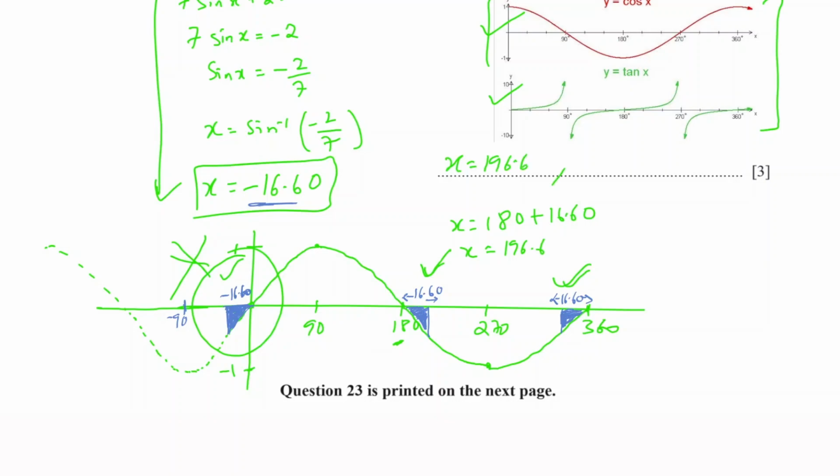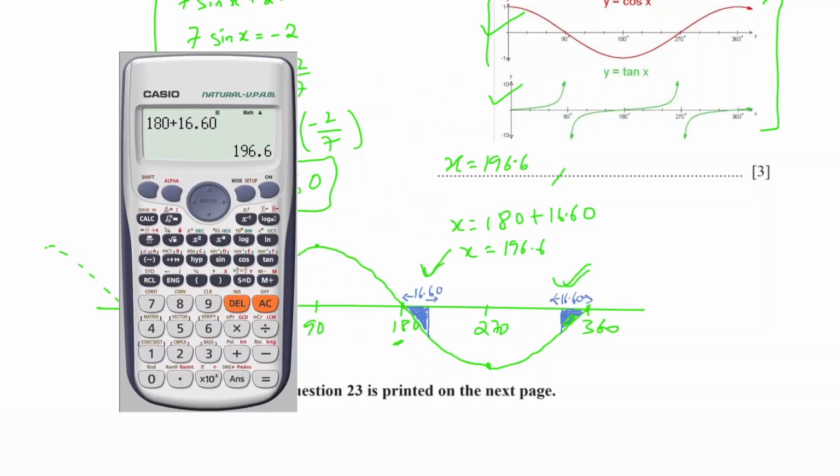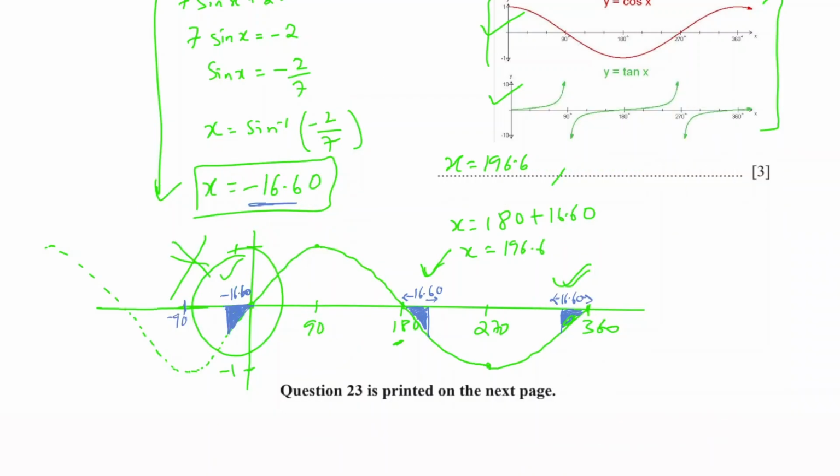We have one more value, right, over here. So that also we can find, but now we have to subtract 16.60 from 360. 360 minus 16.60, and I got the answer as 343.4.